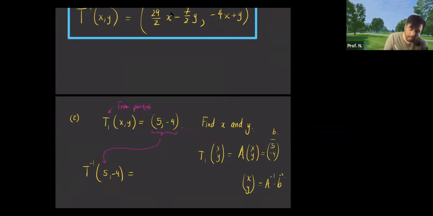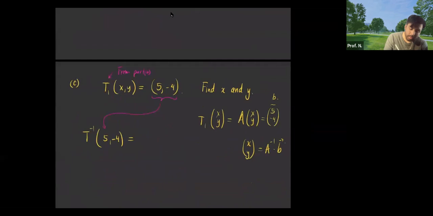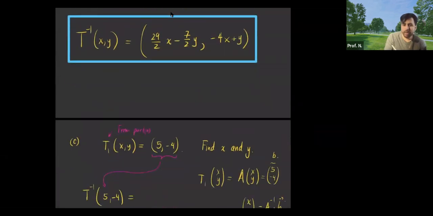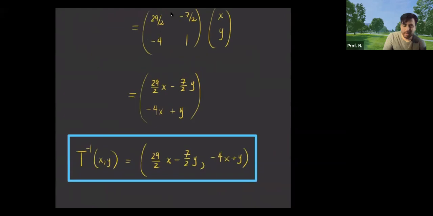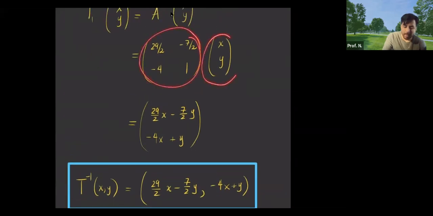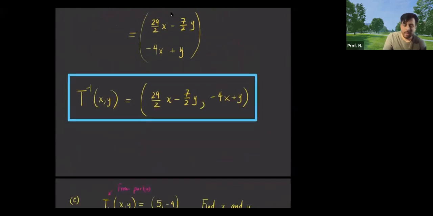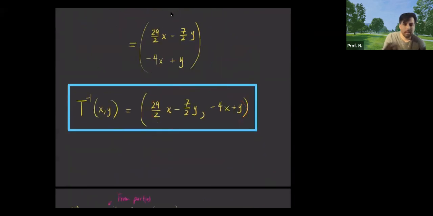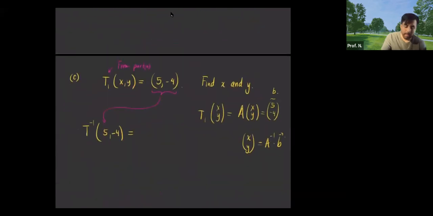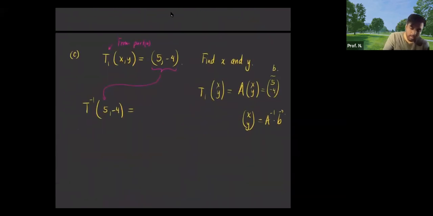So I'm applying the inverse, or I'm just applying the rule, which is given by the inverse, right? If I think of it as a matrix multiplication, the result of this is this. Do you see? So it's synonymous. It's the same. I'm just going to plug it in.